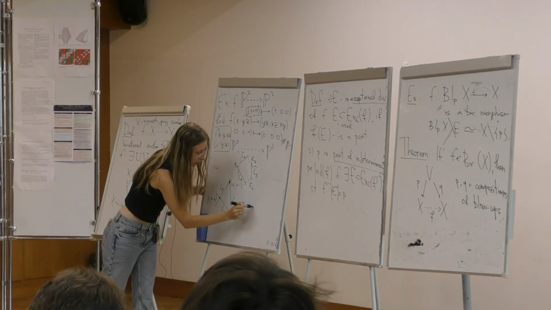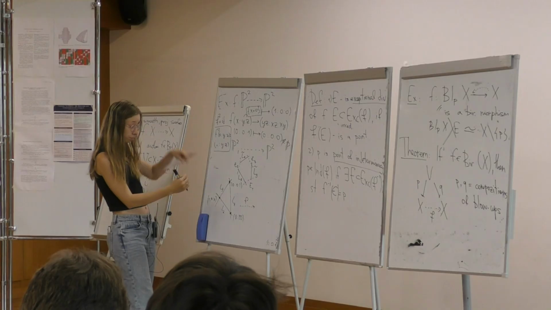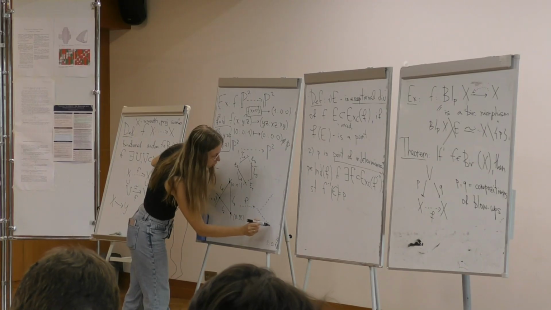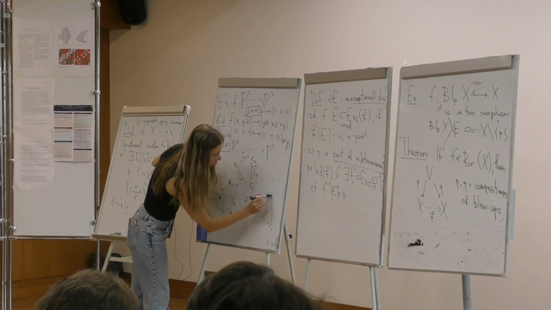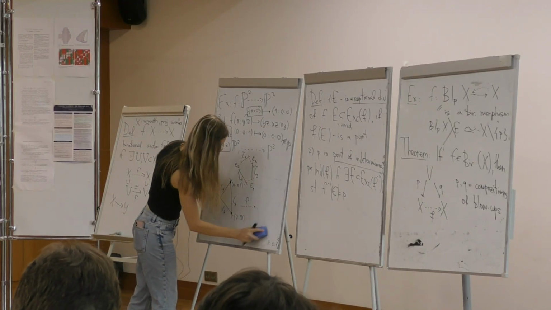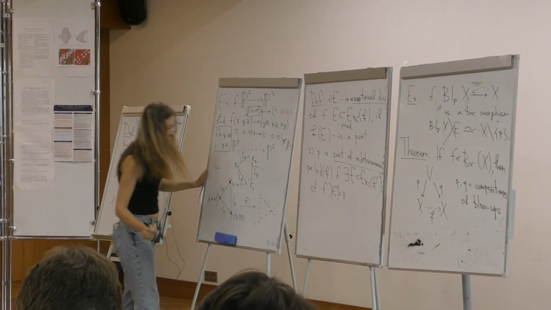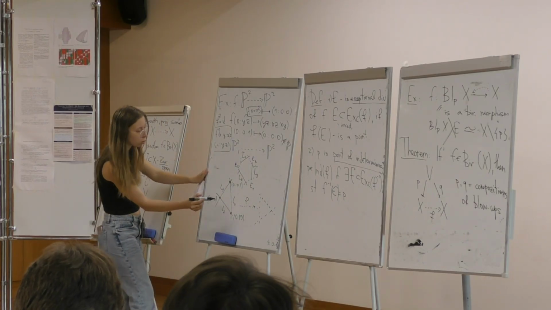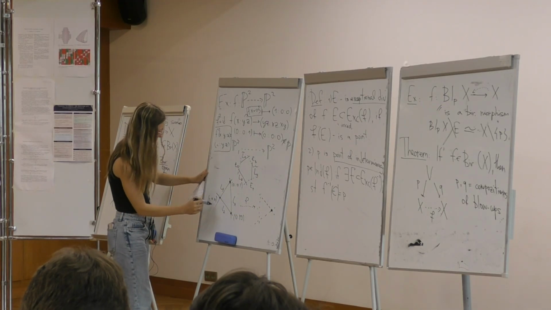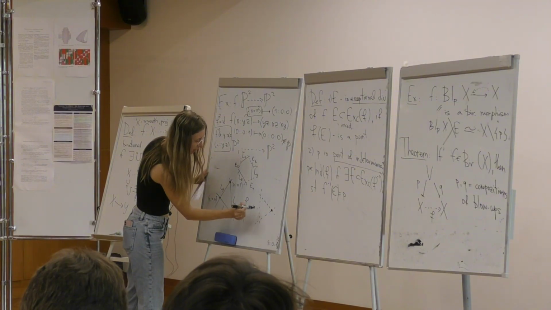We have our birational map F. So the point (1, 0, 0) maps to a line.